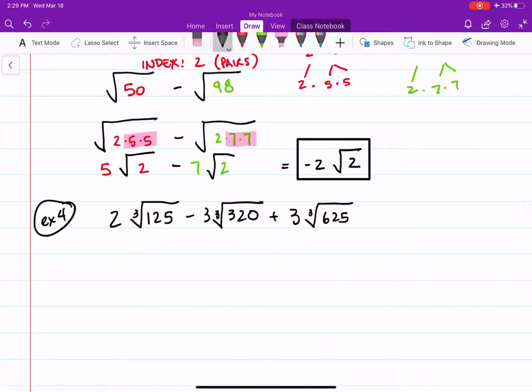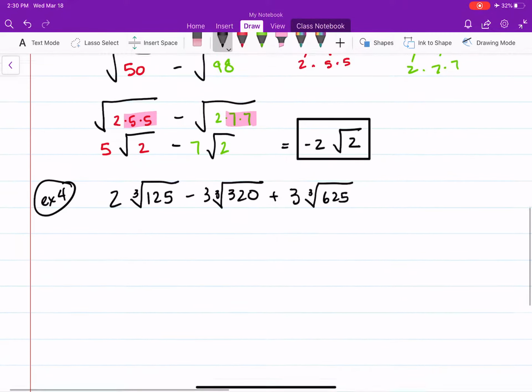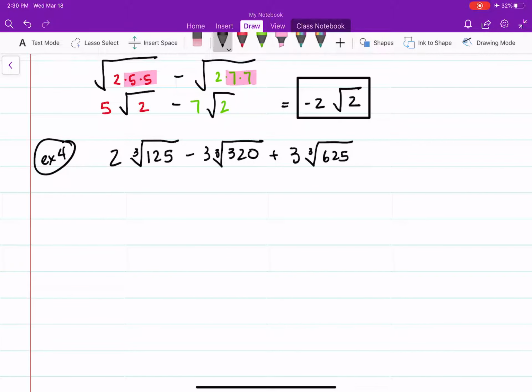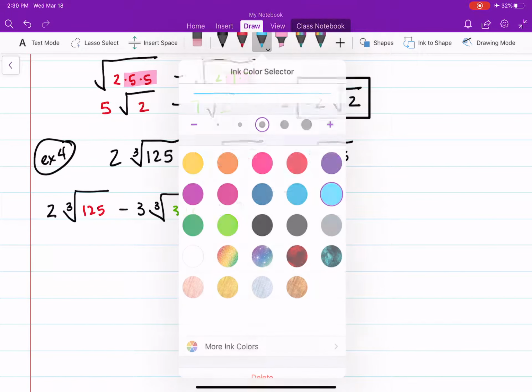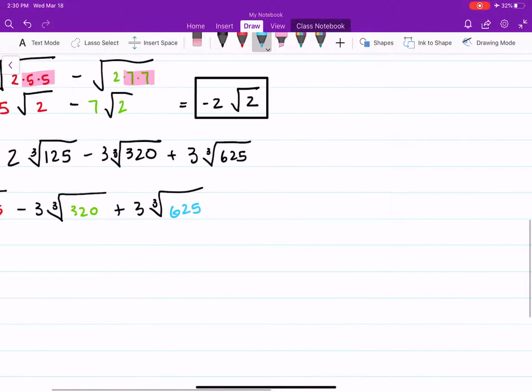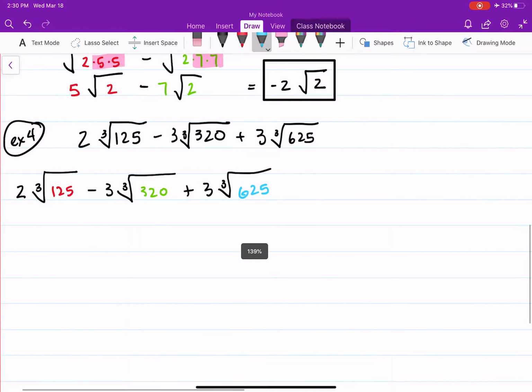Let's break these down. So let me try to create some more room here. So let's say it's 2 times the cube root of 125 minus 3 times the cube root of 320 plus 3 times the cube root of 625. Okay, so if that's the case, let's take a look.